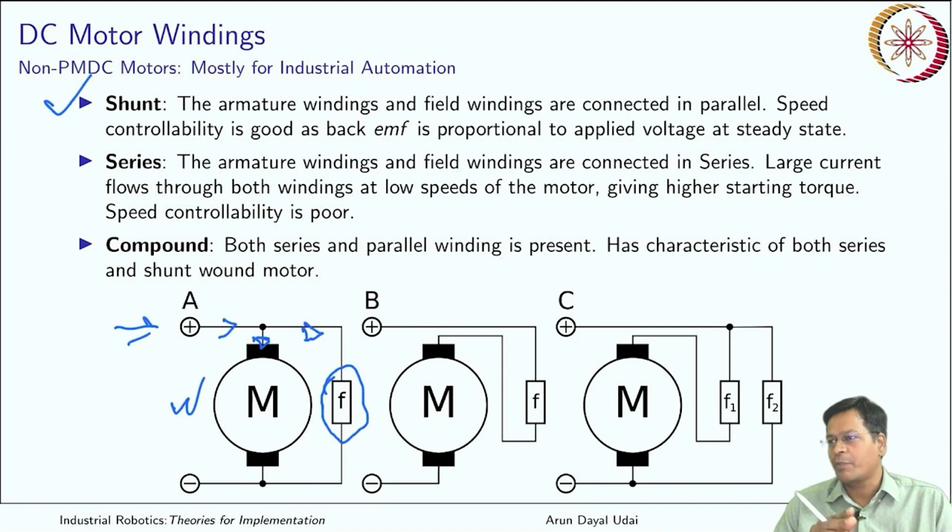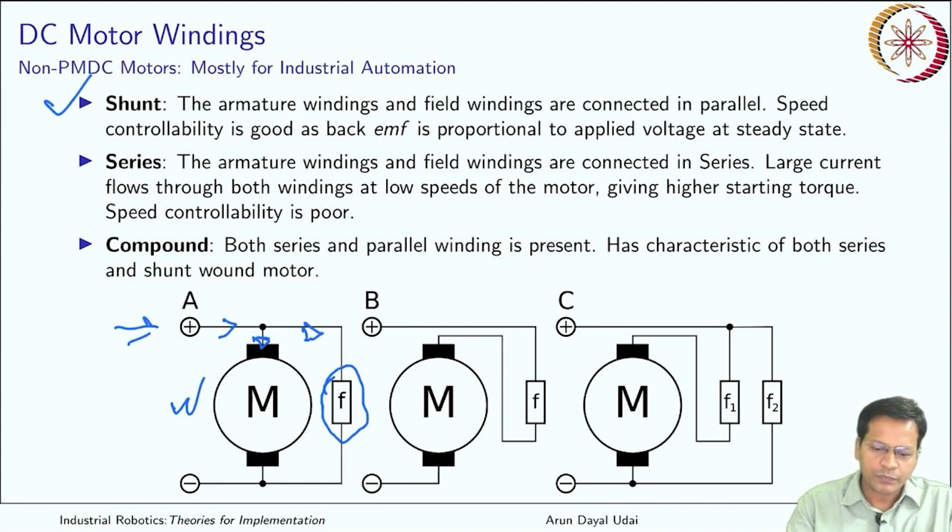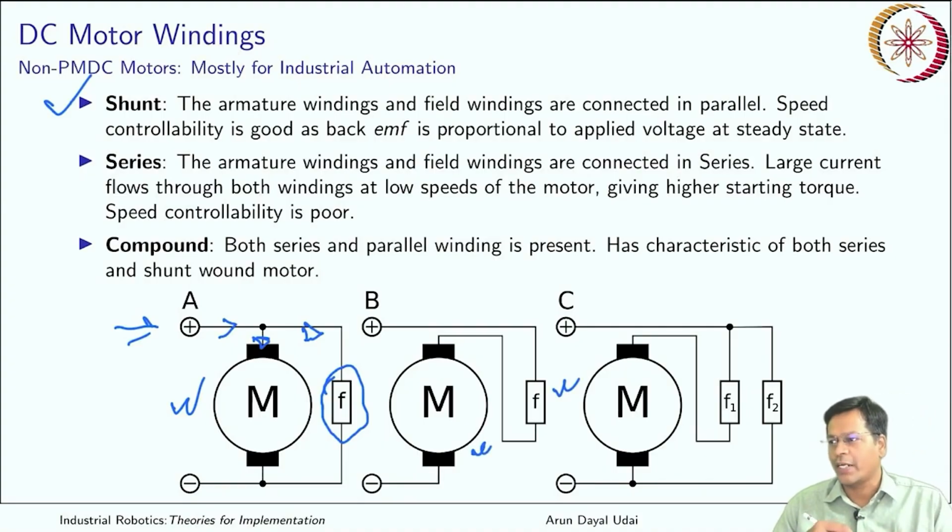So this is one type of motor, and then you have a series type of motor where the field coil and the armature draw the same amount of current; the same current flows through the field as well as the armature. So the starting current will be very high through the field windings, a large current flows through both windings at least while starting. So it will have a very high starting torque. Speed controllability however is very poor, okay.